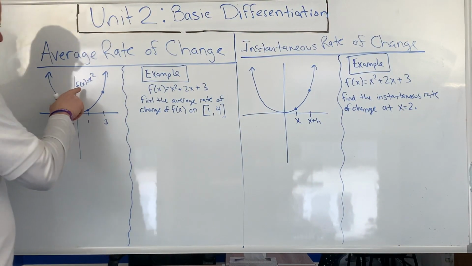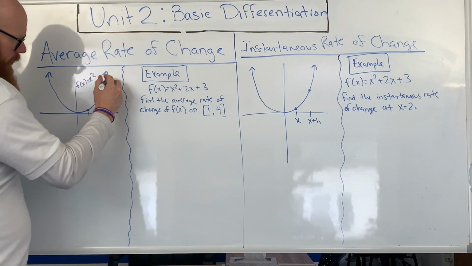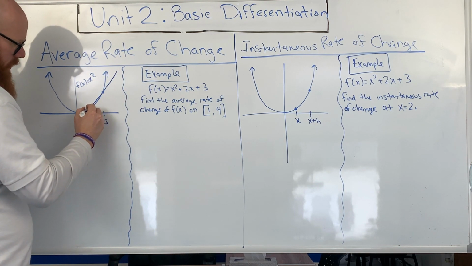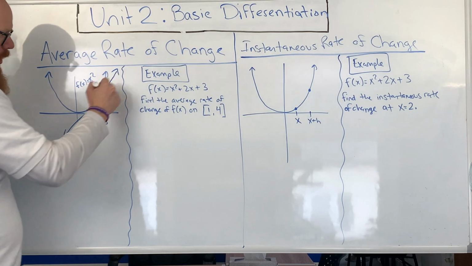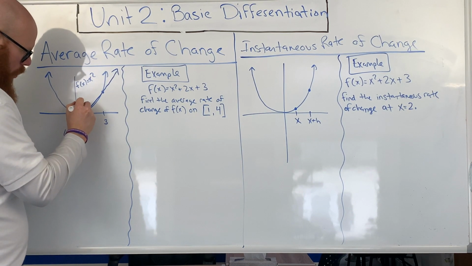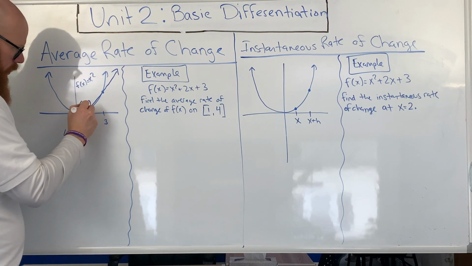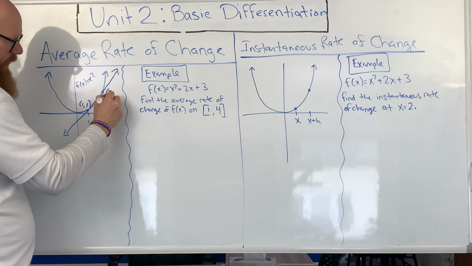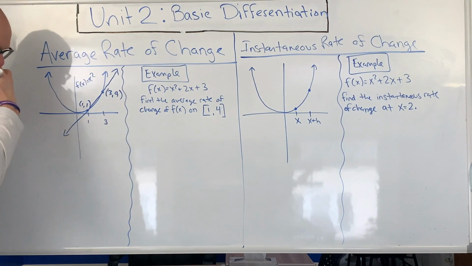So if we have f of x equals x squared, then the secant line is going to be the line that goes through those 2 points. This point on the curve is (1, 1), because 1 squared is 1. And this point is (3, 9), because 3 squared is 9.